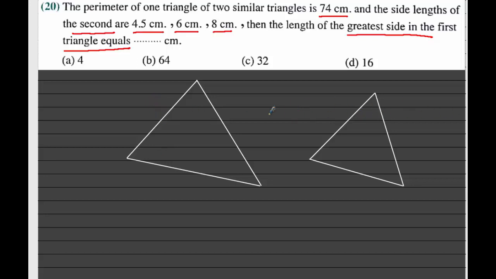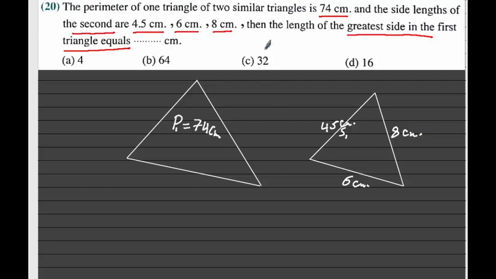S1 over S2, and you can write here the parameter P equals 74 centimeters, and here we have S1 is 4.5, and here is 6 centimeters, and the length of the third one is 8 centimeters.